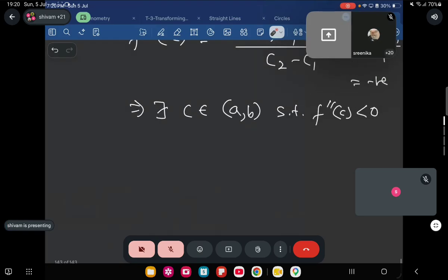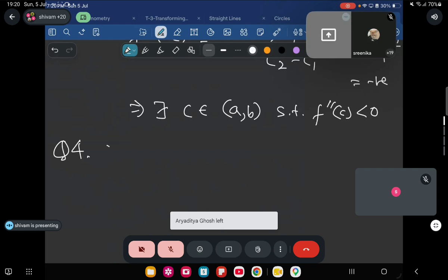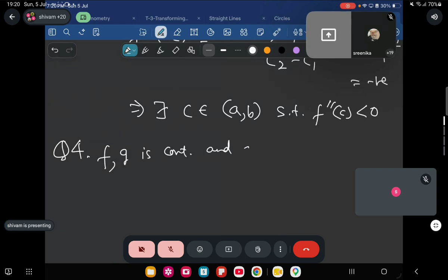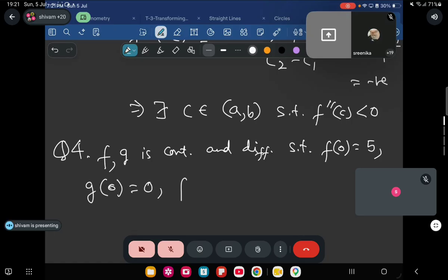Question number 4. f, g is continuous and differentiable such that f of 0 is equal to 5, g of 0 is equal to 0, f of 2 is equal to 8, g of 2 is equal to 1.